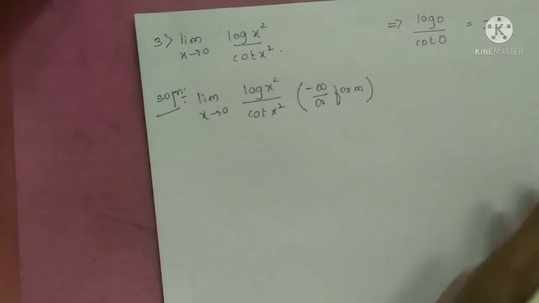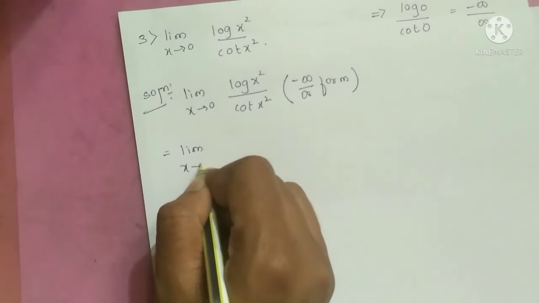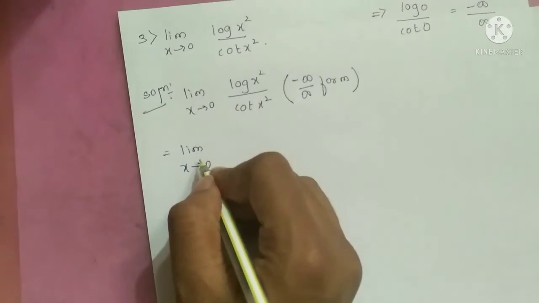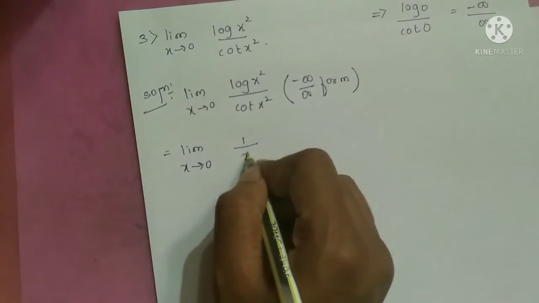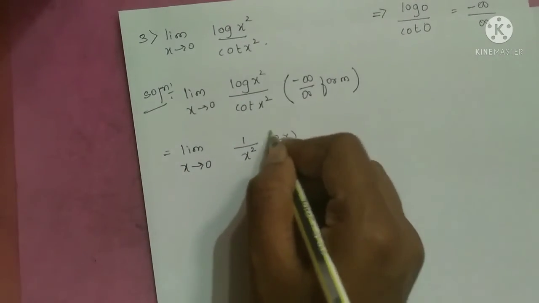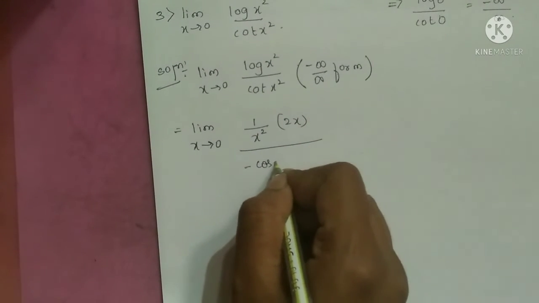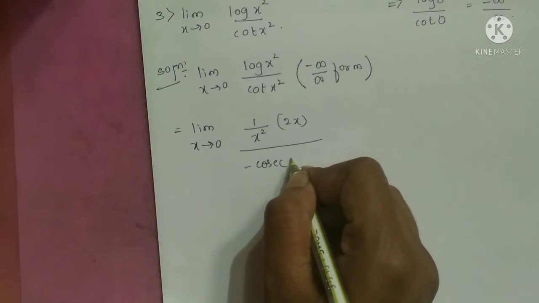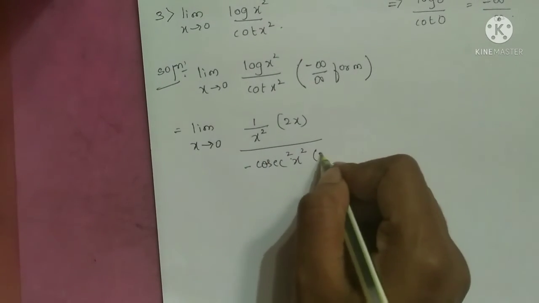So what does the rule say? You have to differentiate the numerator and denominator separately. Before that, let's carry the limit as it is. Differentiation of log x square is 1 by x square, and x square differentiation is 2x. Differentiation of cot x square is minus cosecant square x square, and differentiation of x square is 2x.